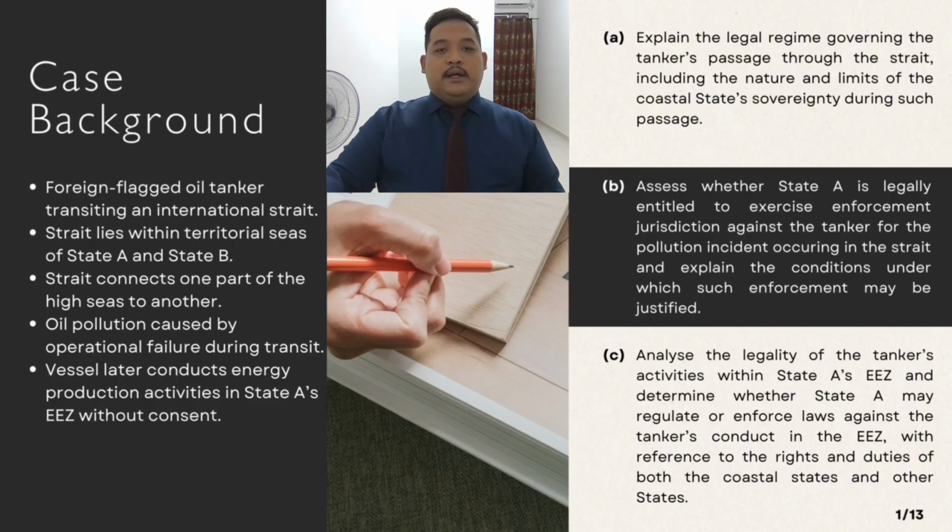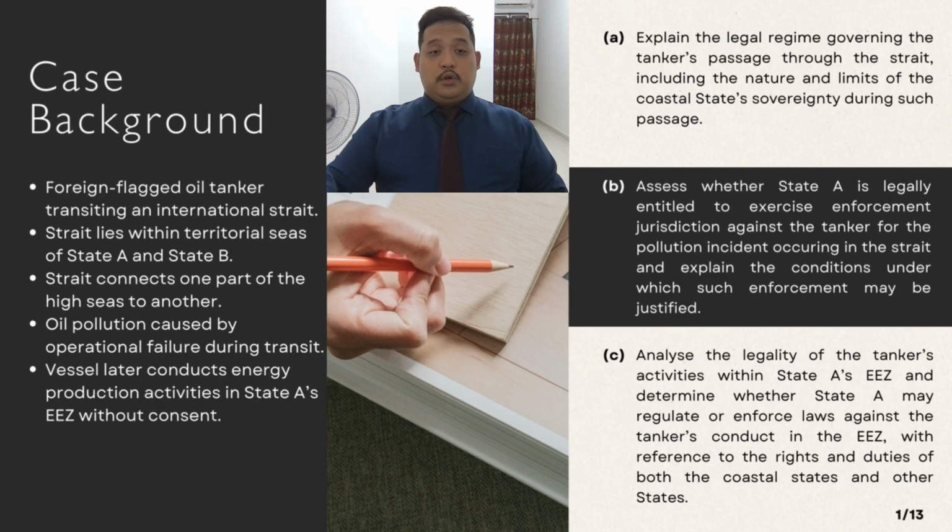During transit, the oil tanker caused an oil spillage, which affects pollution, due to an operational failure. After leaving the transit, the vessel entered the exclusive economic zone of State A and conducted energy production activities without obtaining any coastal state's consent. These facts raise legal questions regarding the passage rights, the pollution enforcement, and lastly the exclusive economic zone jurisdiction under UNCLOS.